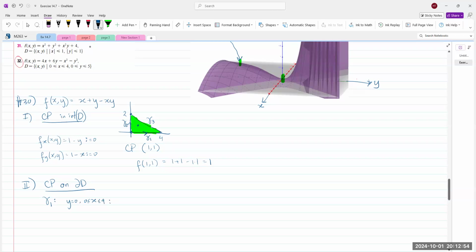What happens to the function then? f(x,0) equals just x, right? That's linear. So no critical points in between. We only have endpoints at 0, 0 and 4, 0, right?